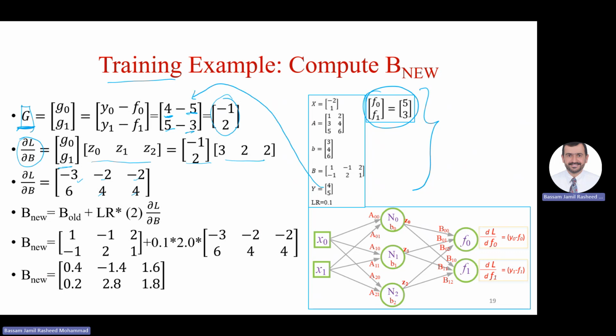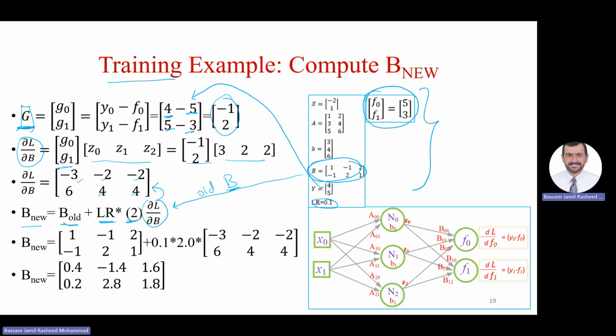Now, the B matrix, which is this one here, needs to be updated. How? The new values will be the old values of B plus learning rate 0.1 times 2. This is coming from the derivative of the loss function, delta L over delta B, which is what we have computed.